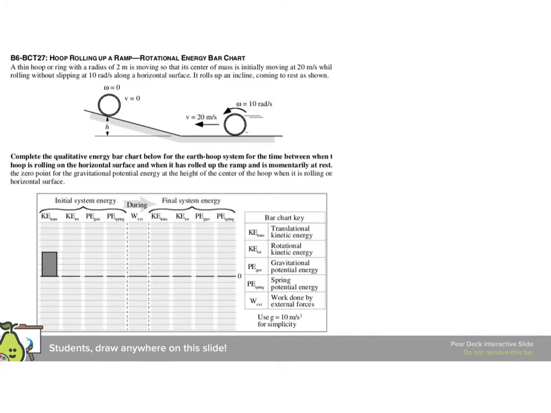All right, let's try this problem. A thin hoop or ring with a radius of 2 meters is moving so that its center of mass is initially moving at 20 meters per second while rolling without slipping at 10 radians per second along a horizontal surface. Couple things. One, just to remind you, for a thin hoop or ring the inertia is simply mr squared.